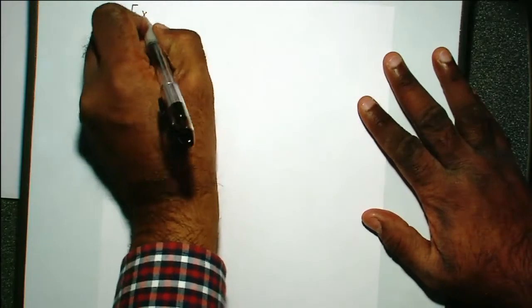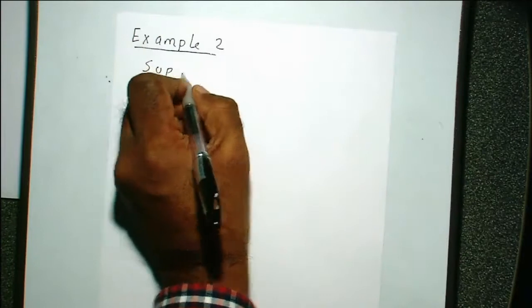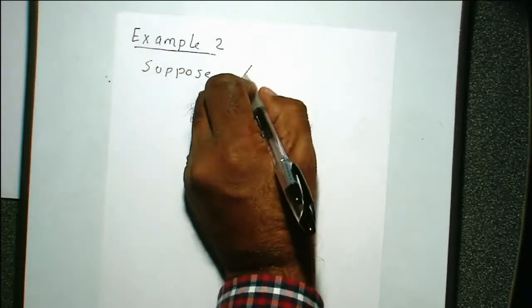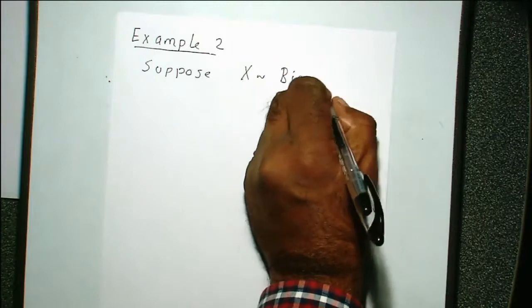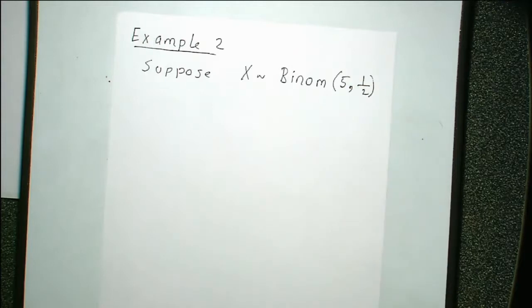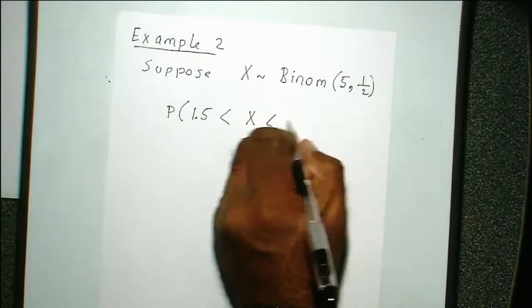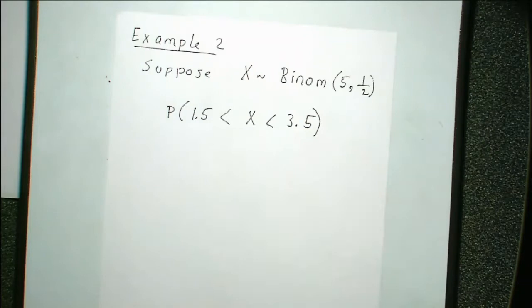Example 2. Suppose the same thing: X has the binomial distribution with parameters 5 and 0.5. Now suppose I want to find the probability that X is between 1.5 and 3.5. What would this be? Because it's between 1.5 and 3.5, the only integer values are 2 and 3.